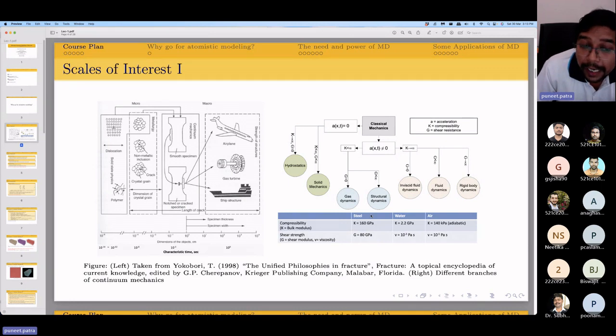So at atomistic scale, as I will show you in a short while, the method is extremely powerful. Not only that, the basic formulation remains the same, irrespective of whether you are working with a gaseous material or a liquid material or a solid material. This commonality is typically absent in continuum mechanics.